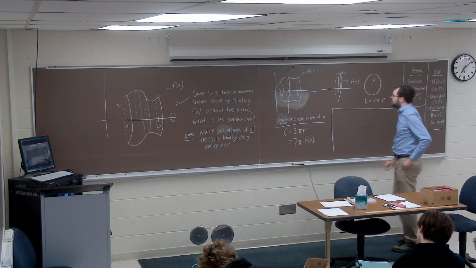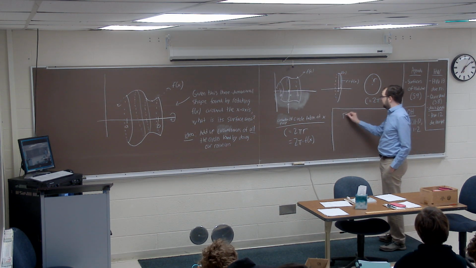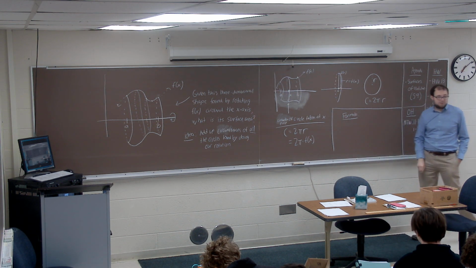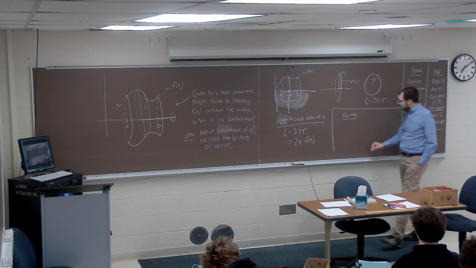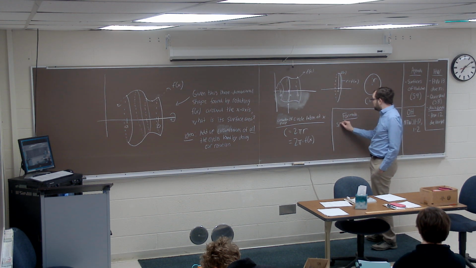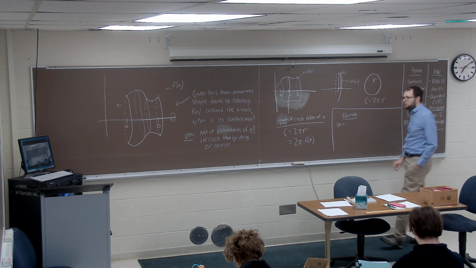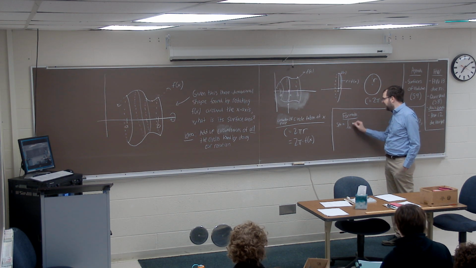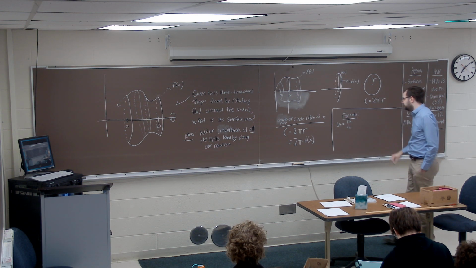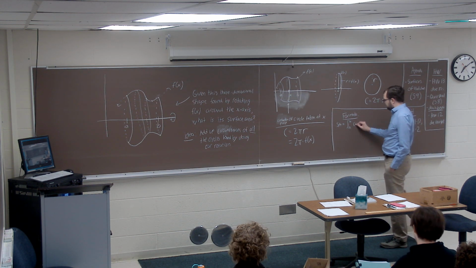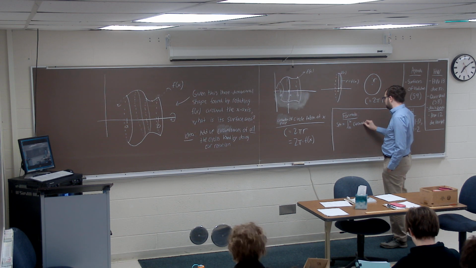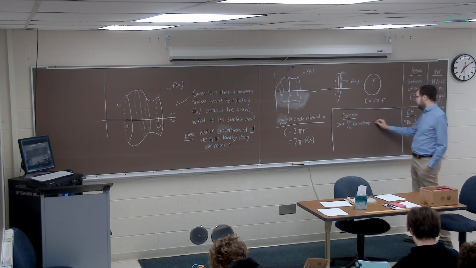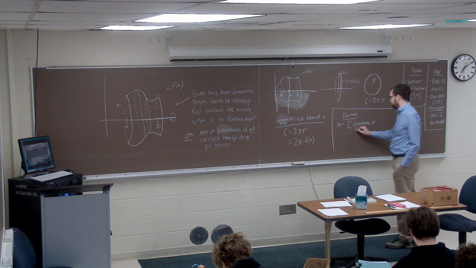So what we're going to be doing here, and this is the formula that we're going to be using, is in order to find the surface area of this rotated shape, we're going to be integrating from x equals a to x equals b the circumference of the circle taken at x.